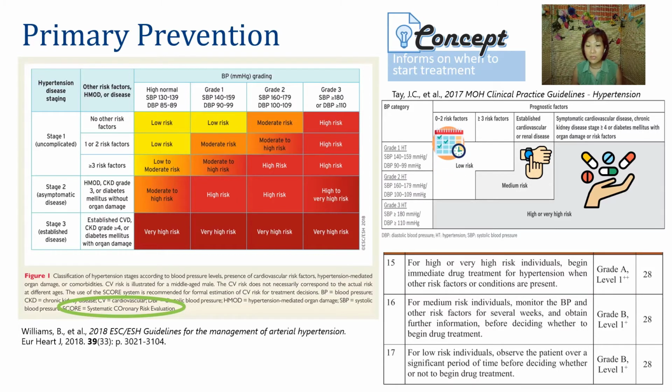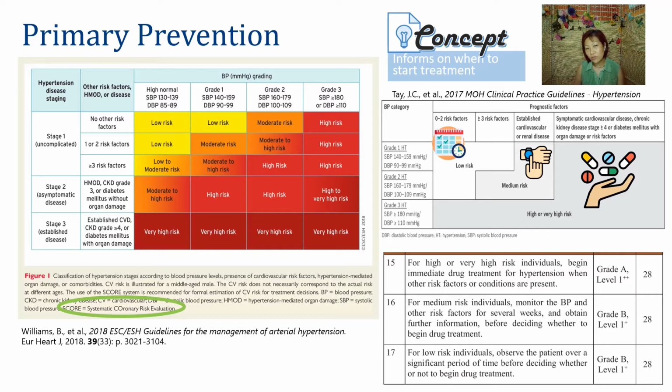Where people are considered low risk with the Singapore guidelines, they're saying to monitor again, like give an appointment a couple of months down the road to give the person a chance to modify those risk factors, like lose some weight or reduce salt intake, and that would also modify the risk of a person. So with respect to the recommendations, there is the snippet at the bottom, which you can read at your own time.